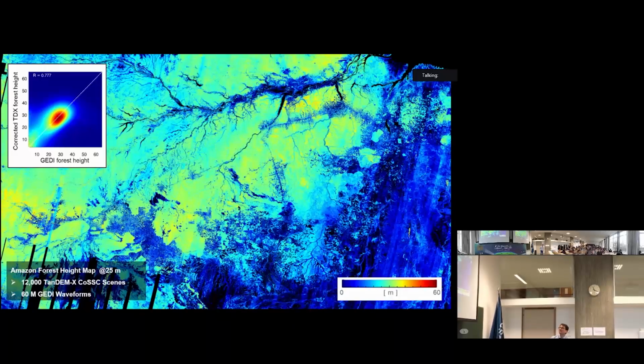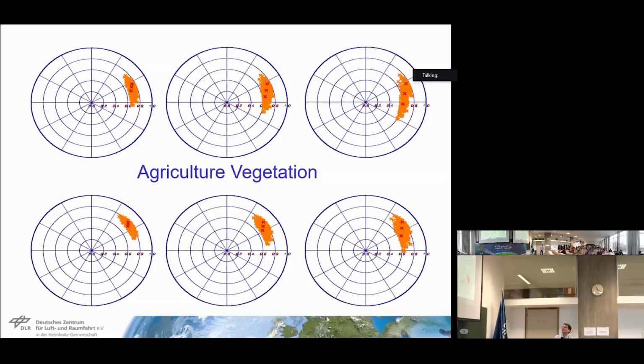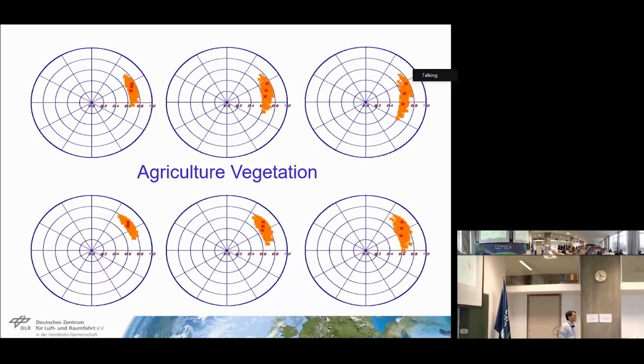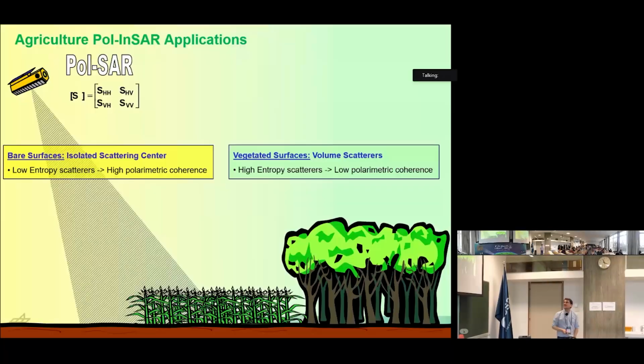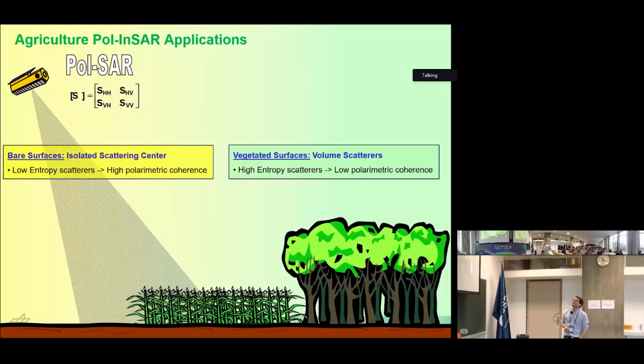But with BIOMASS, you will be able to do this too, in different ways. Agriculture: what we said for forest, you can apply for agriculture, but agricultural volumes are a bit special.